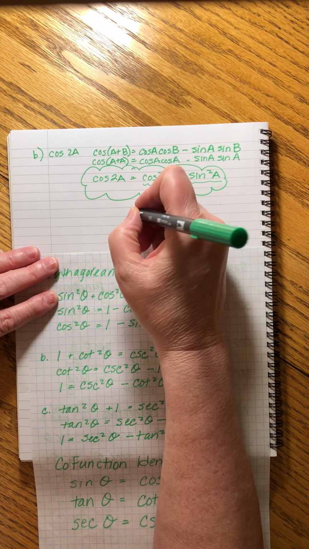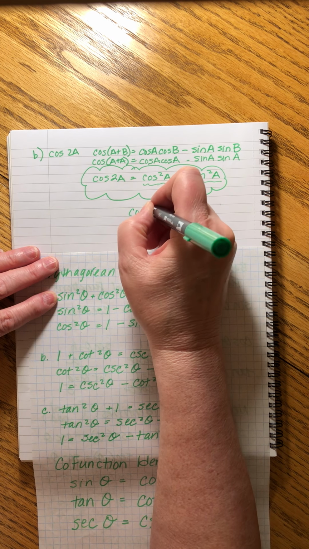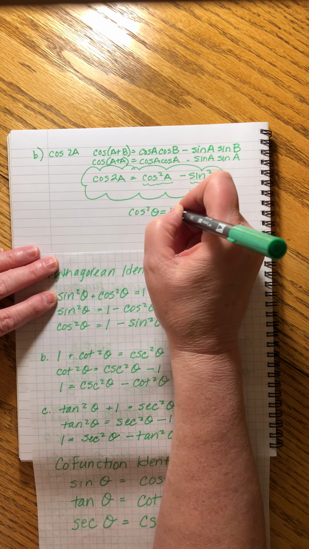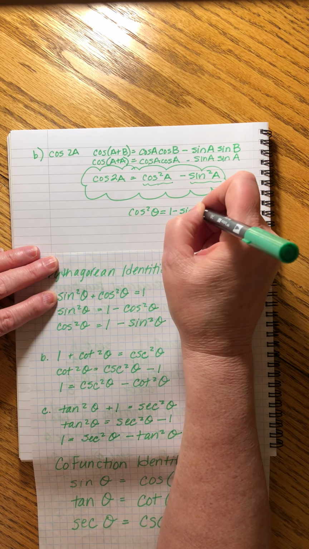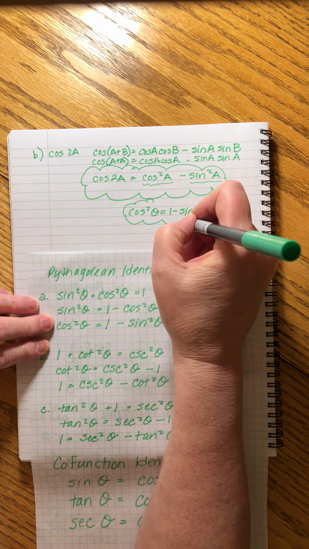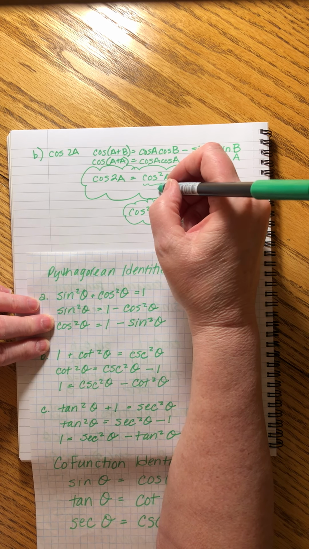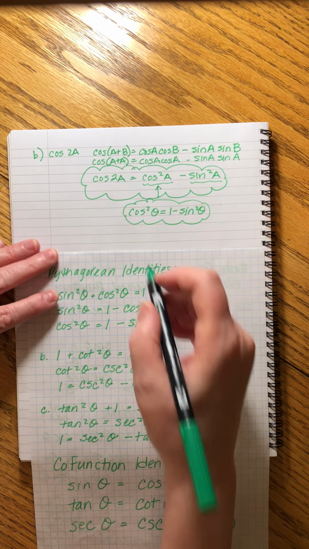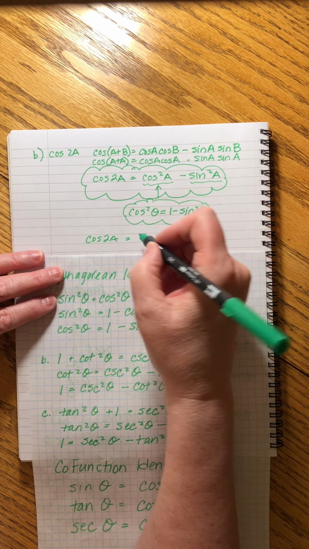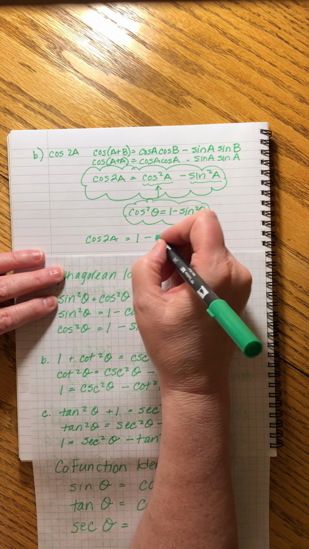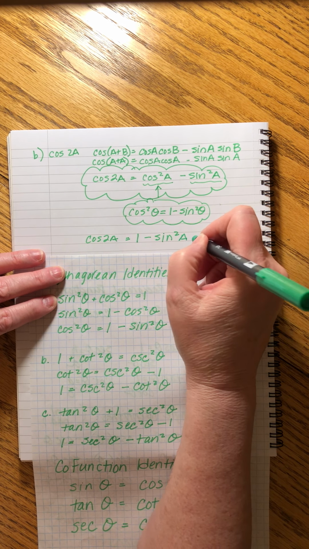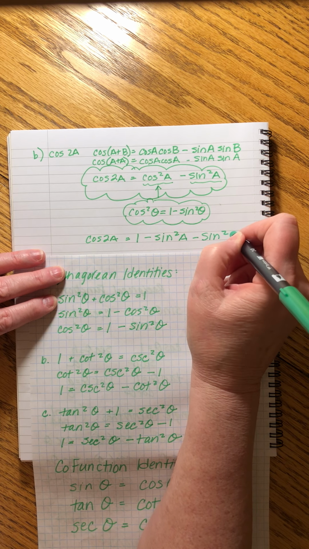So we remember that cosine squared theta, is how we've memorized it, equals 1 minus sine squared theta, right? That's another identity. So we're substituting that in just for this part. So now the cosine of 2a equals 1 minus sine squared, and we'll make it a so that it matches, minus sine squared a.